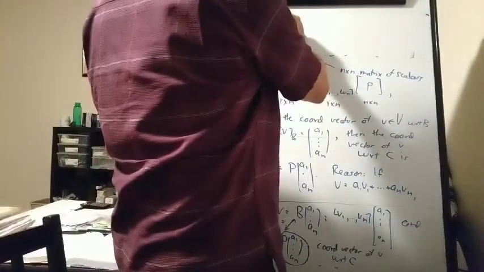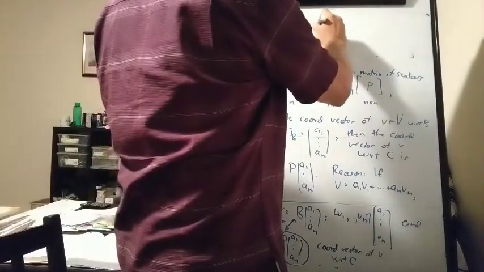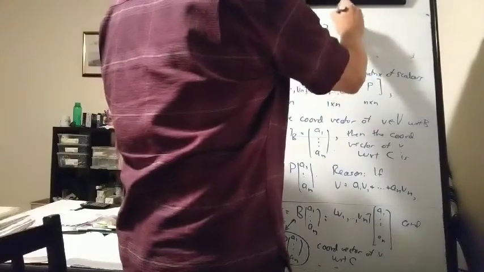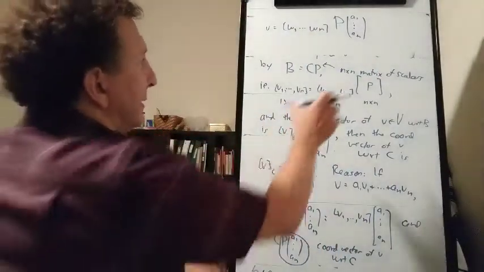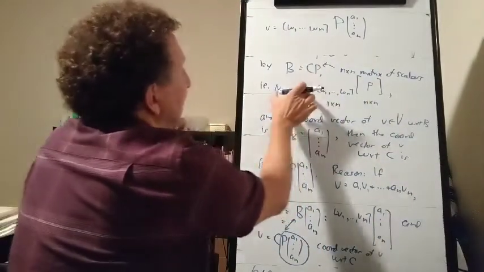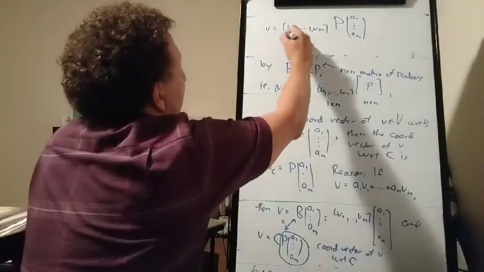So that is V equals W1 through Wn, P, A1 through AN. And that whole thing P times A1 through AN is now the coordinate vector of V with respect to C, because W1 through Wn times P is just V1 through Vn.